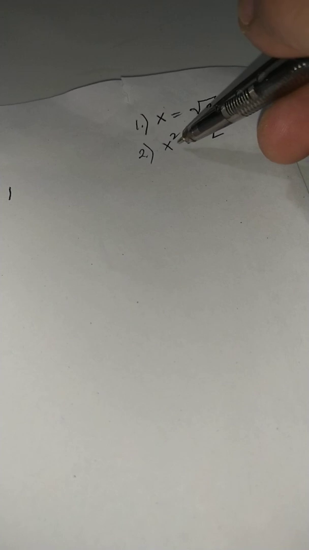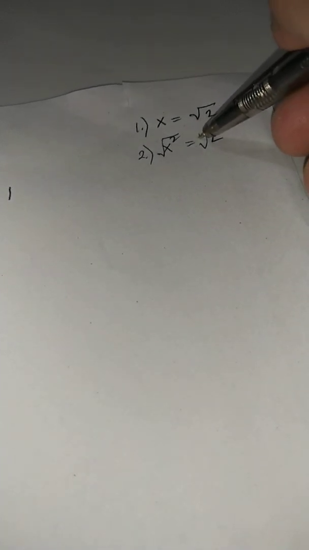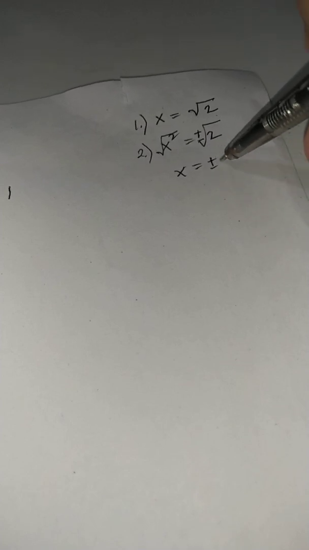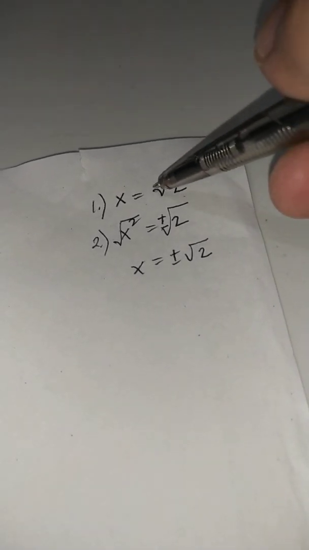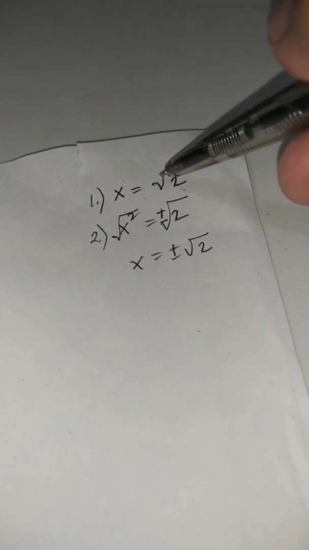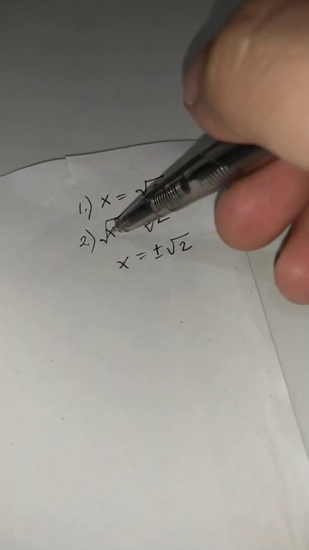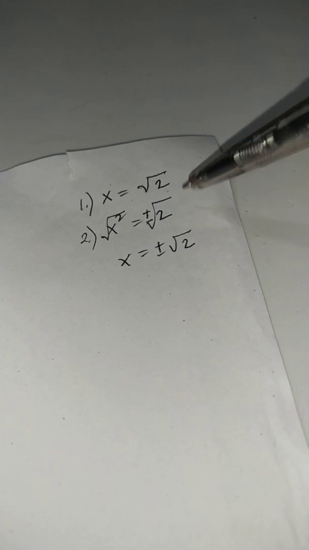Because the square root sign is already written. Unlike in the second, if we are asked to determine the value of x, we still need to extract the square root of both sides. So we have to indicate positive or negative. x is equal to positive or negative square root of 2. So that is the difference when the radical sign is already indicated, or when the radical sign is not yet indicated.